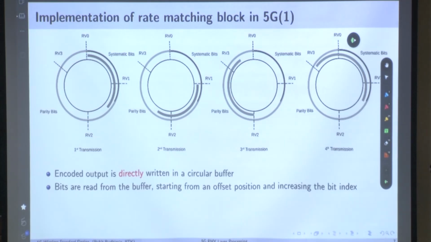Now if the receiver is not able to decode it and sends a NACK, the transmitter decides to send another redundancy version. The transmitter comes back to the same circular buffer, since these bits are stored in the transmitter memory.